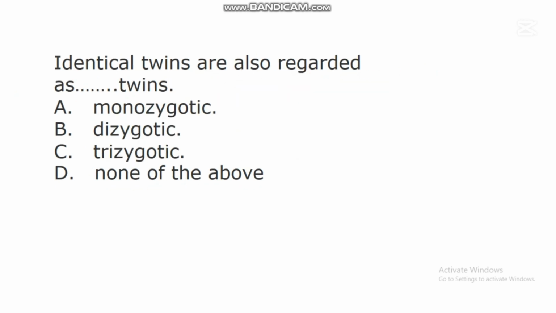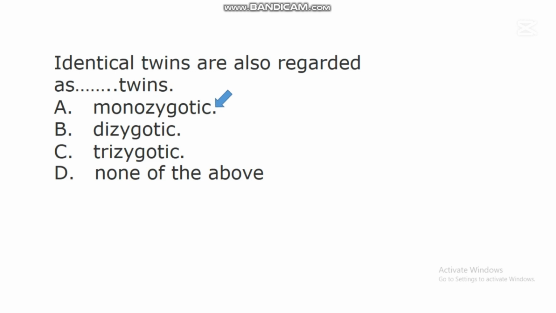The next question says, identical twins are also regarded as dash twins. A. Monozygotic twins. B. Dizygotic twins. C. Trizygotic twins. D. None of the above. In this question, the correct answer is A. Monozygotic twins.